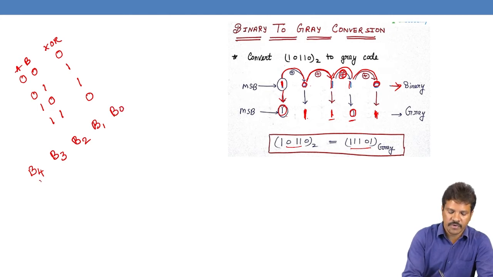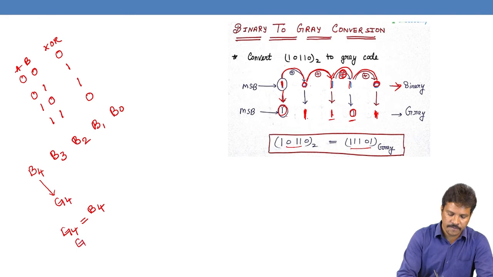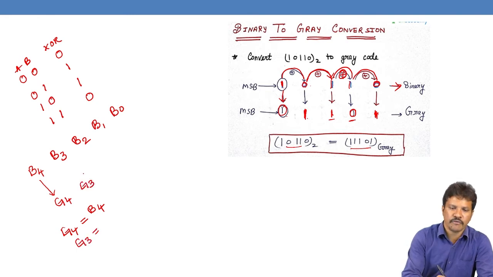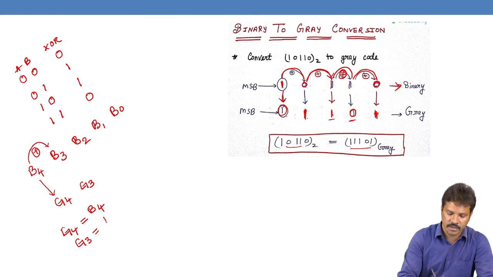B4 is taken as it is to get the gray code, so G4 is equal to B4. And how can we get G3? G3 comes from the XOR operation between B4 and B3.